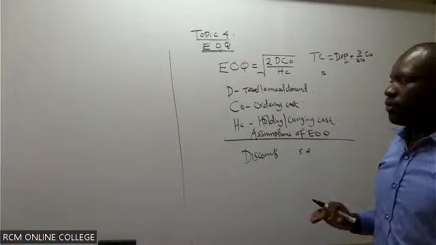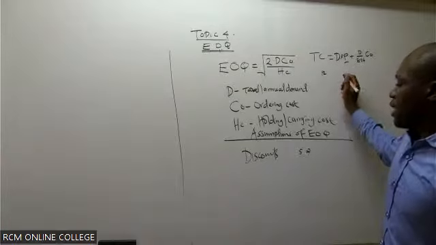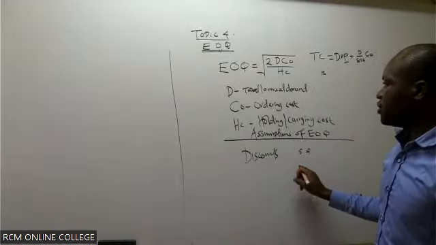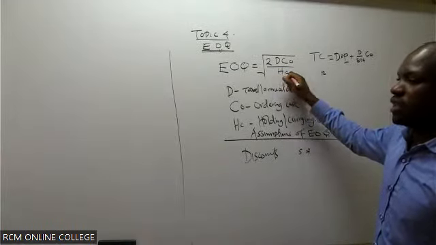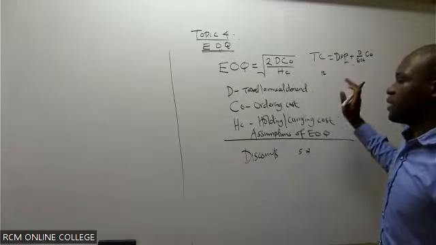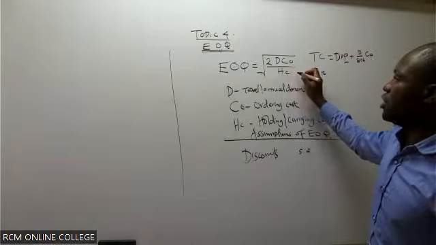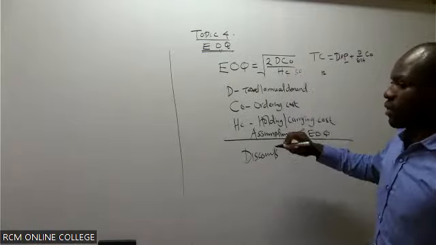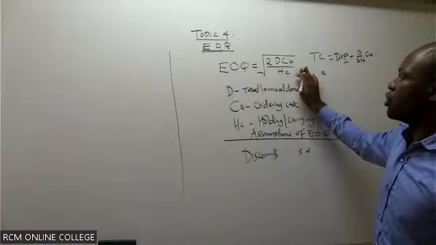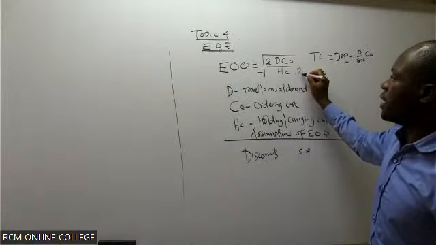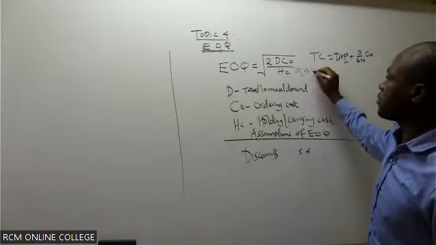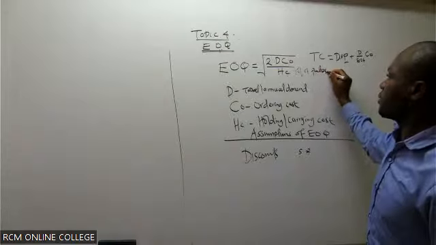But they simply give you a discount range and tell you that this holding cost is attached to the purchase price. What do I mean? They will not come here and tell you that holding cost is 50 shillings. No, they tell you that holding cost is 10% of purchase price.